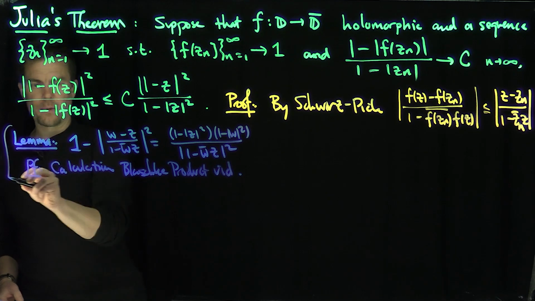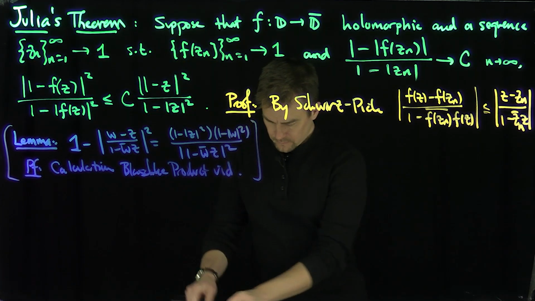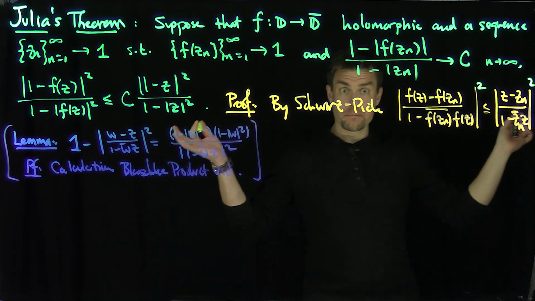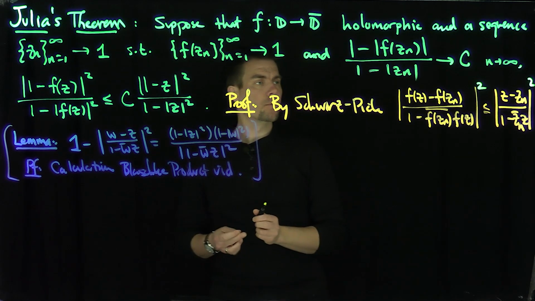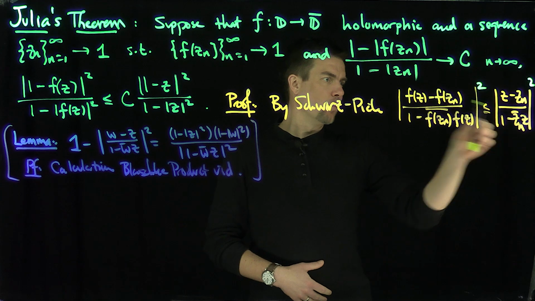Nonetheless, that's an important lemma. What I'm going to do is use this lemma, and then take Schwarz-Pick and square it. That doesn't change the inequality. And then 1 minus this is bigger than 1 minus this.